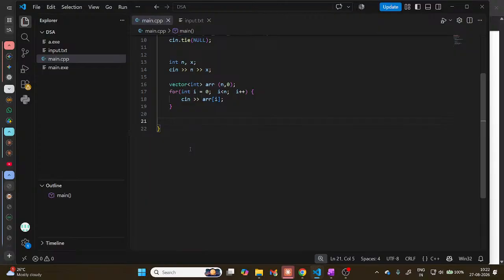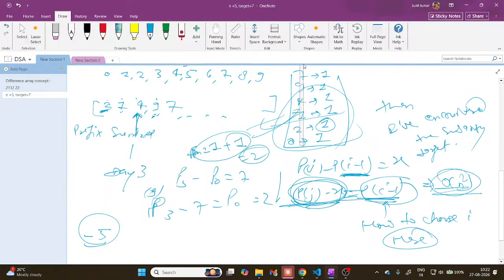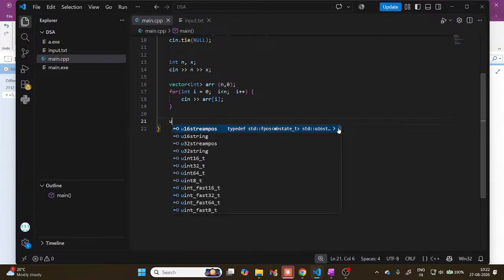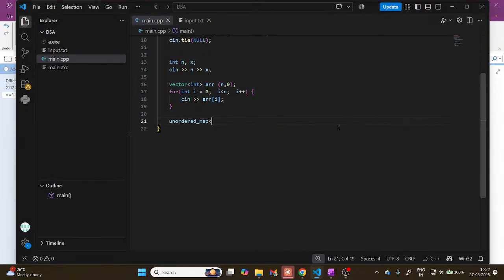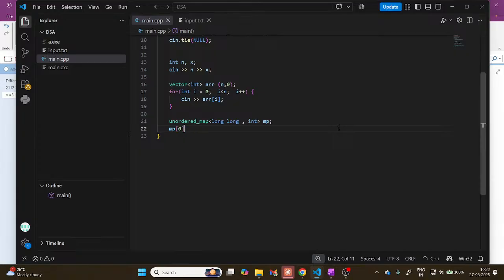Now first thing first, what I need is this map first, right? A hash map which will have prefix sum and their count. So unordered map, long comma integer, counts. It's like a map here, right? And map of zero sum is already seen, let's say assuming one time.